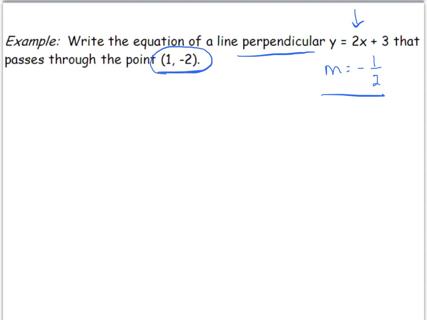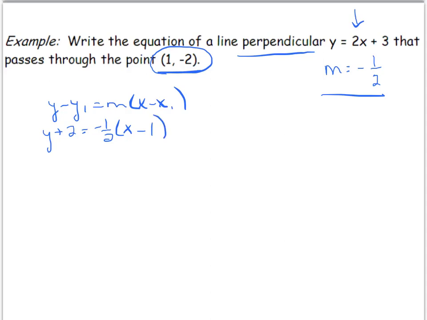It just so happens that you should know how to work with points and slopes using the point-slope formula. To write the equation, remember it's y minus y1 equals m times x minus x1. Let's plug in our point. Y minus negative 2 would be plus 2 equals negative 1/2 times x minus 1.